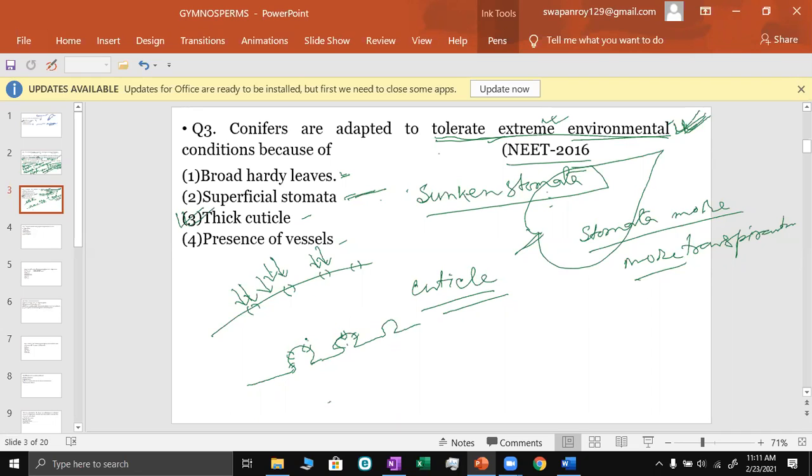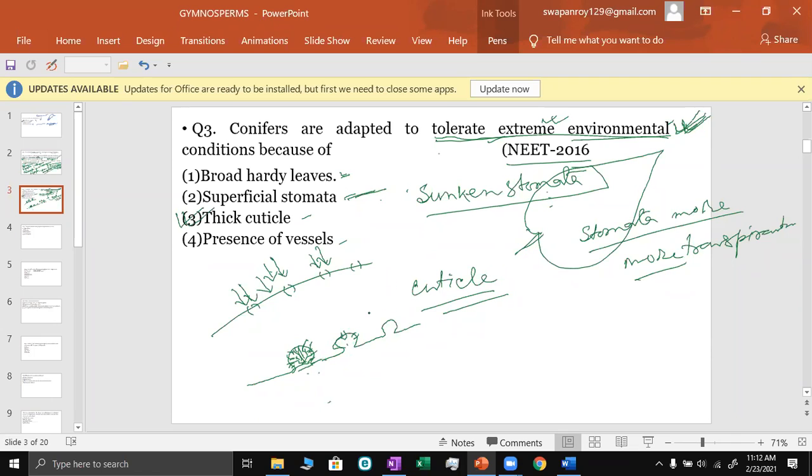of transpiration. Sometimes in this cavity there are epidermal hairs also. These epidermal hairs also block the sunlight, so there is further reduction in the transpiration.